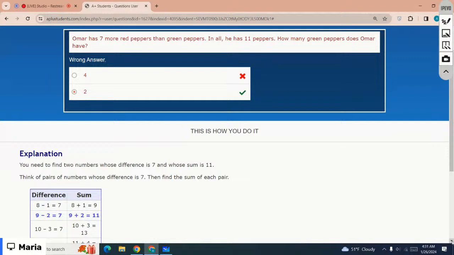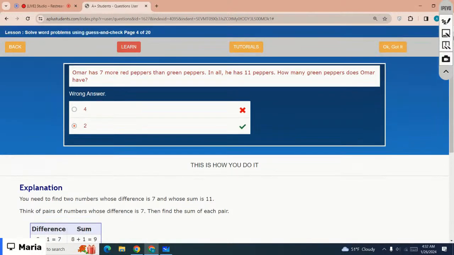Oh, Umar has 7 more. 7 more means 2 plus 7 is 9. He has 9 green peppers and 2 red peppers because 9 plus 2 makes 11. Yes, that is 2.